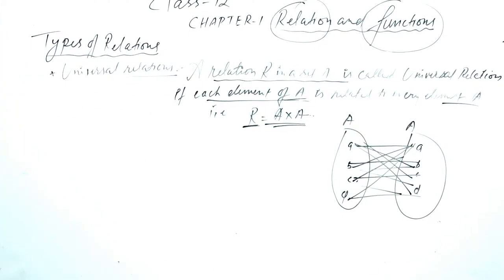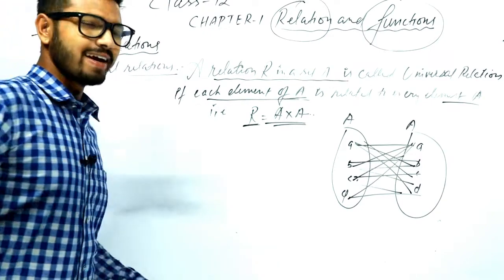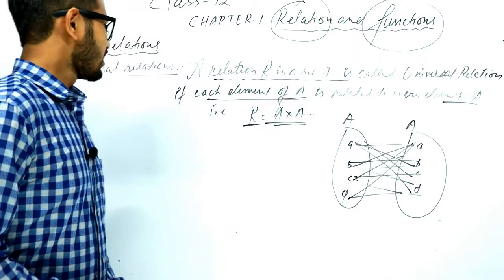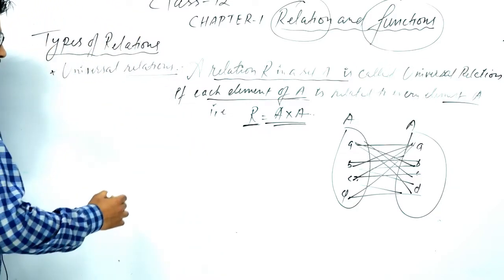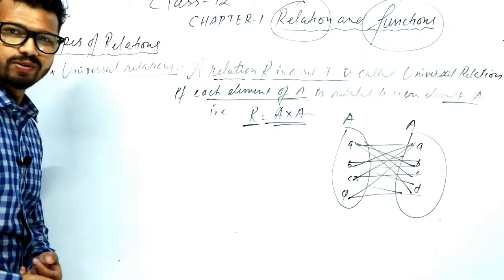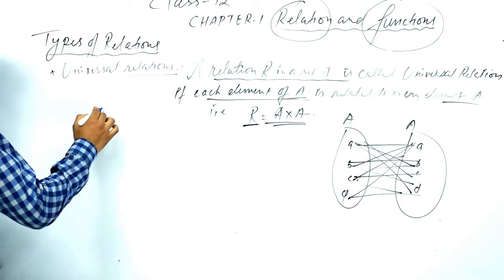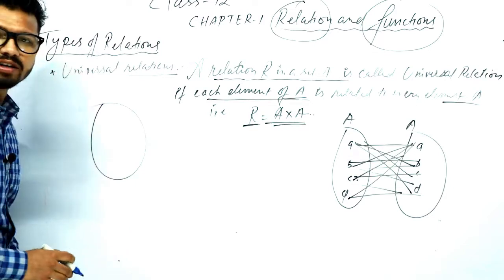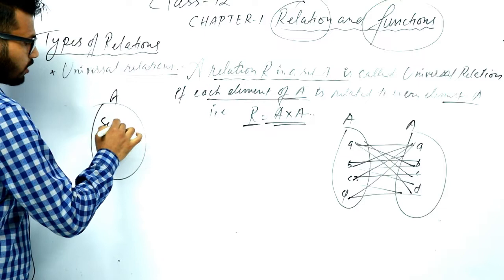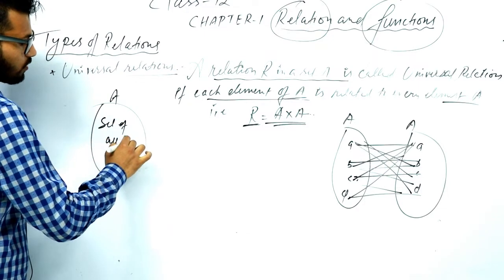For better understanding of the empty relation and the universal relation, let me describe with a very beautiful example. Consider a relation from the set A to A, where the set A is the set of all boys of a class.